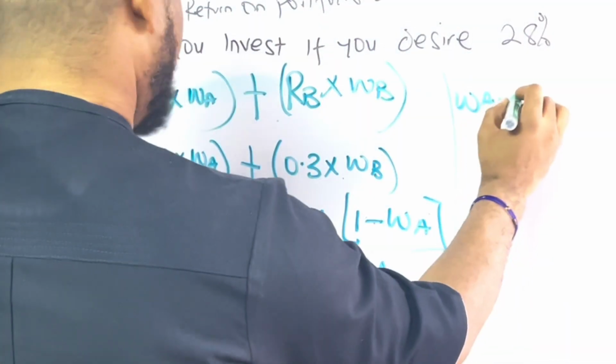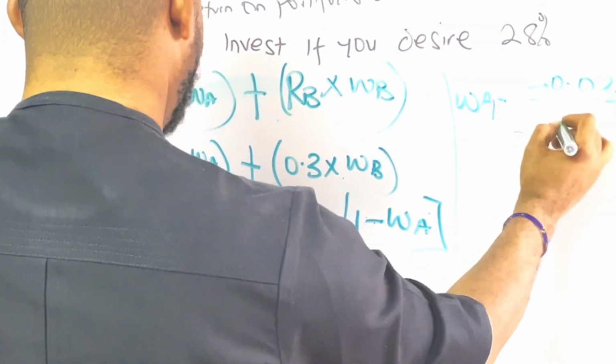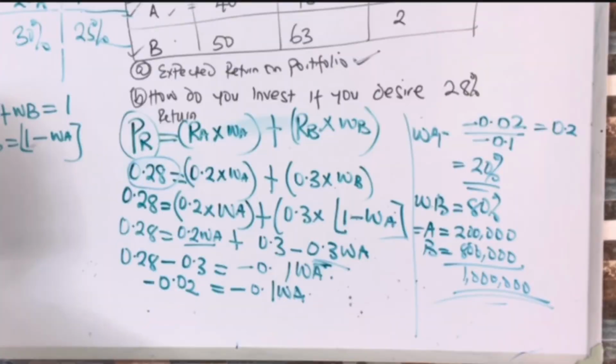And so weight of A should be minus 0.02 divided by minus 0.1, right? And that should be 0.2, which is 20%. All right, weight of A is 20%, so it means automatically that weight of B will be 80%.